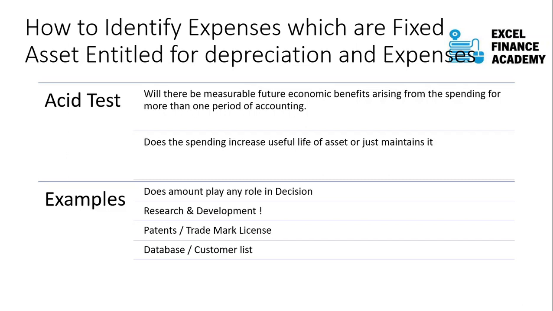Advertising expense? Yeah, maybe it depends on the outcome. No, you will get a customer list. Let's say you spend $10,000 on a Facebook ad, which can generate a customer base of 10,000 customers. For startups or businesses nowadays, a customer list is a very important tool, right? Because you can generate a lot of business by those customers. So will you treat this as a fixed asset or as an advertising expense?